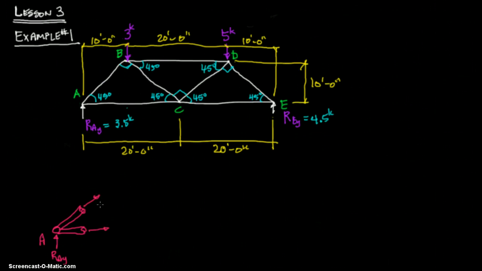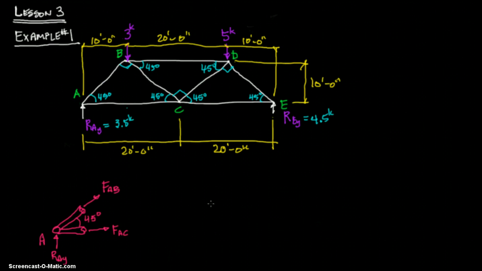You don't have to do this if you have a better way, but I suggest you do it this way. This is quite common. And then this one is FAB, because it's going from joint A to joint B, force of AB. And you're going to have the force of AC down here. And that is all the information we have, actually.